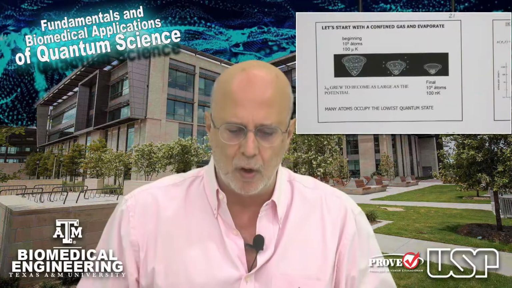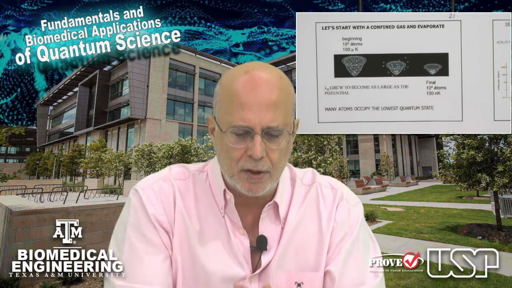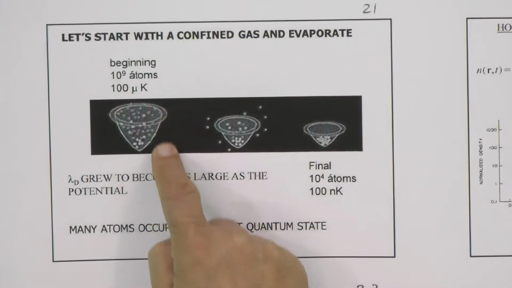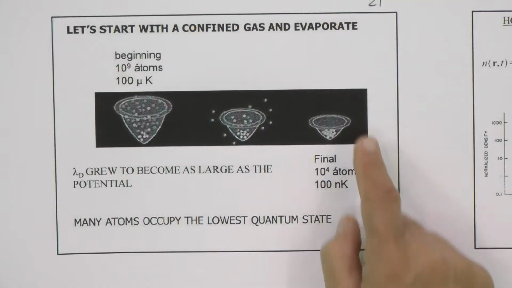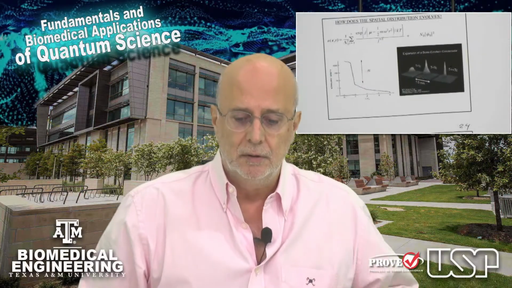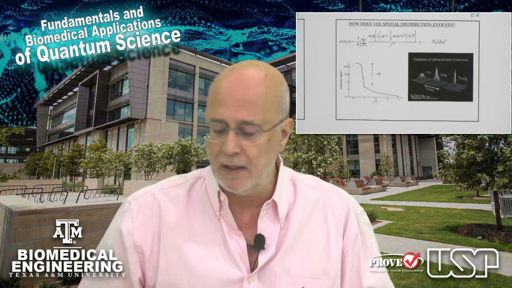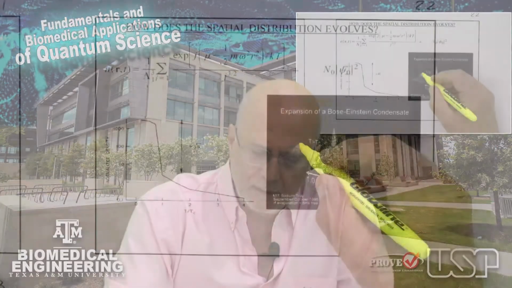Okay, so how the system looks in a cartoon is more or less like this, where we see the potential. We somehow remove the fast atoms by lowering the potential, and then finally we have the atoms in the condensate. And if we look at the wave function, it looks like this. What I have is a thermal gas.